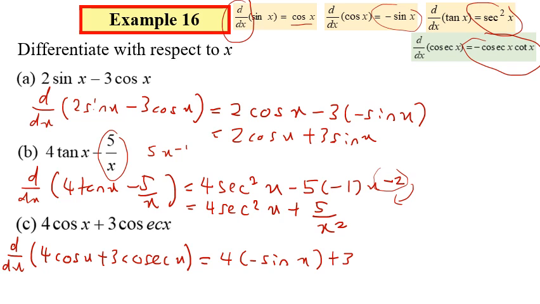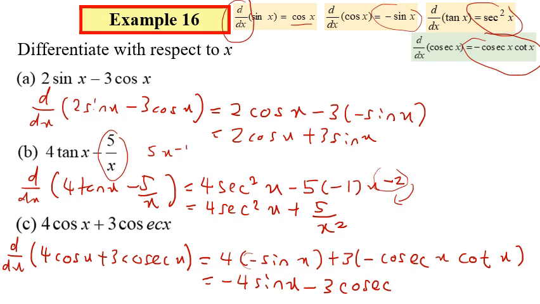So plus 3 times negative cosecant x cotangent x. And then lastly, we expand the negative. So at the end, we got negative 4 sine x minus 3 cosecant x cotangent x. Okay, so this will be the solution for example 16.